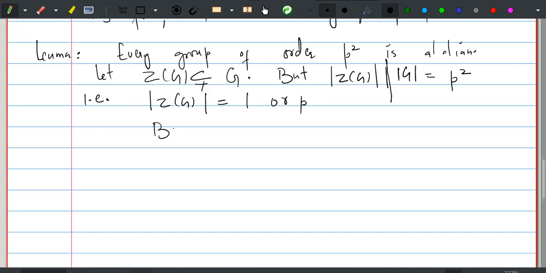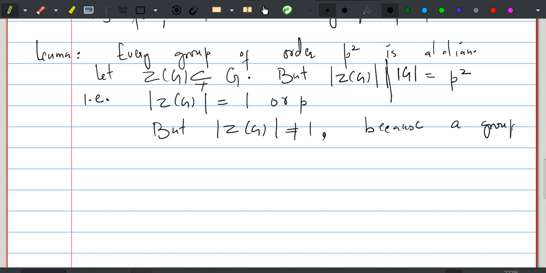But the order of Z(G) cannot be equal to 1. The reason being, a group of order p to the power n has a non-trivial center.